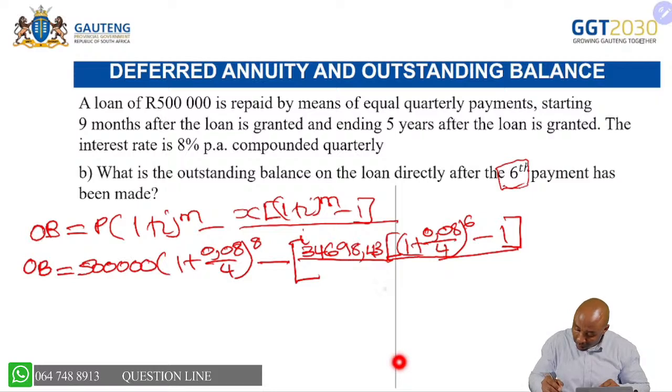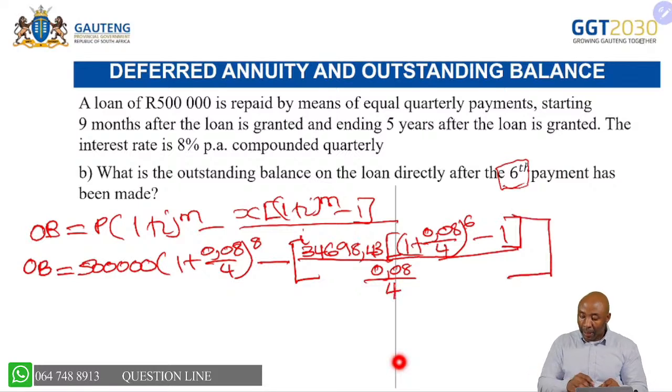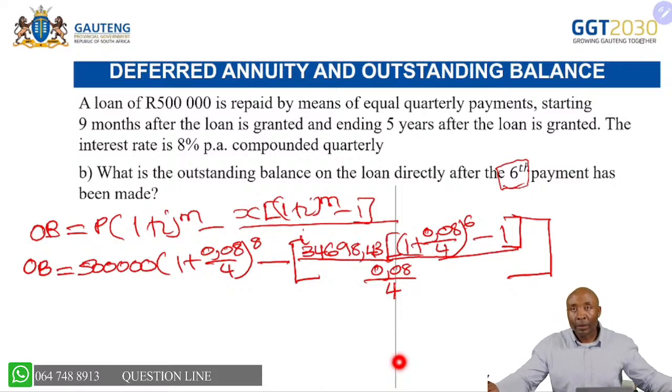Don't forget to close that bracket, over 0.08 over 4. You close the bigger bracket. You punch this on your calculator. The answer will quickly come out.